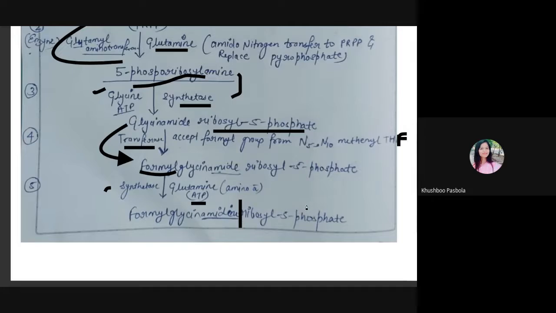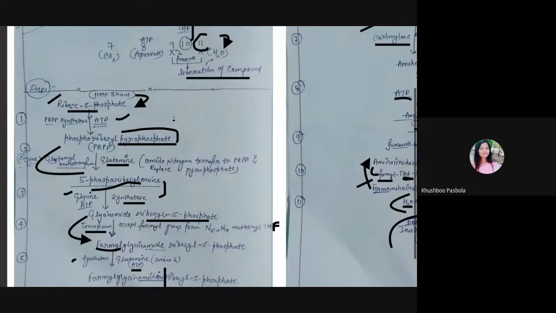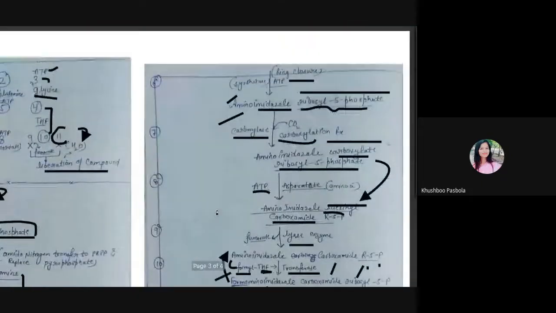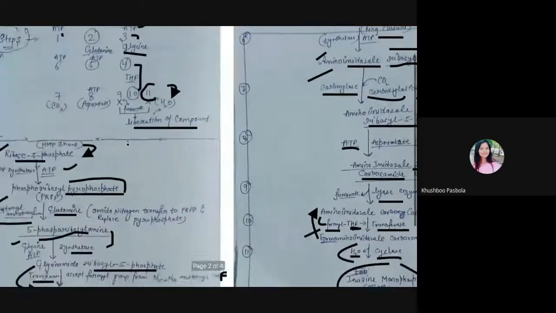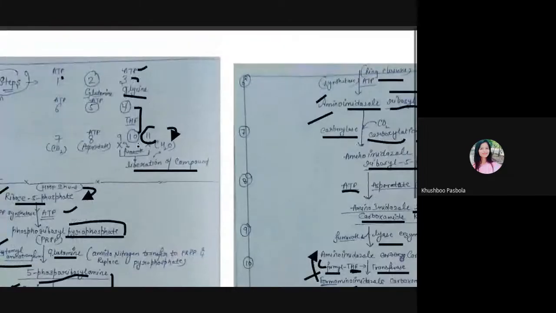What is the difference between these two? Here formyl glycinamide, and here formyl glycinamidine. Here amide, and here amidine. Now after these steps, you can write the requirements over here by this trick.